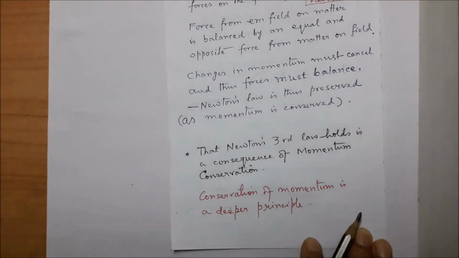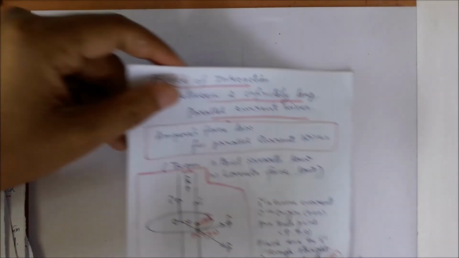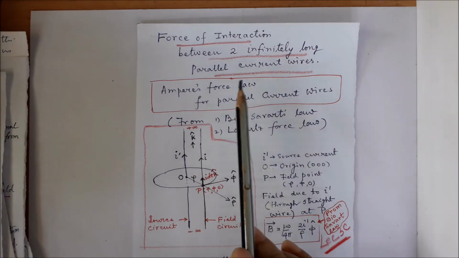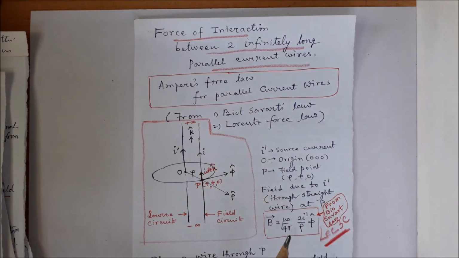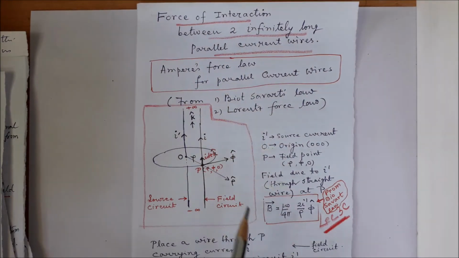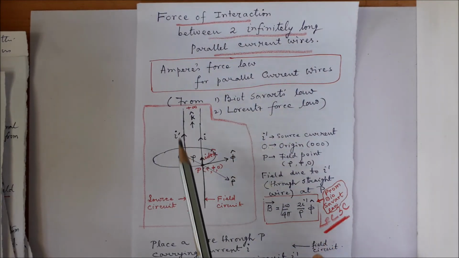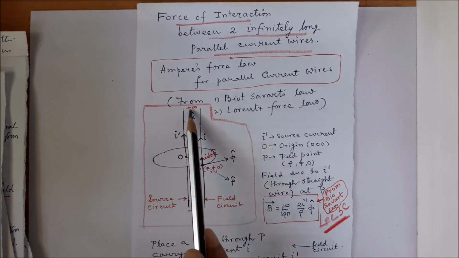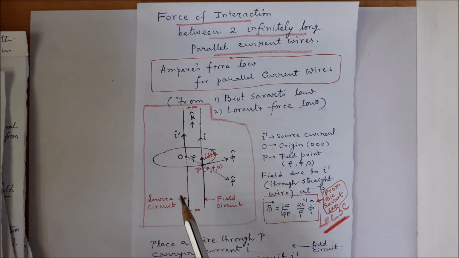We next discuss once again Ampere's force law, but now for parallel current carrying wires. The previous discussion was a general one. Consider a straight current carrying wire carrying current I prime, which is the source circuit, and O is the origin, a point somewhere on the wire being of infinite length, oriented along k cap.